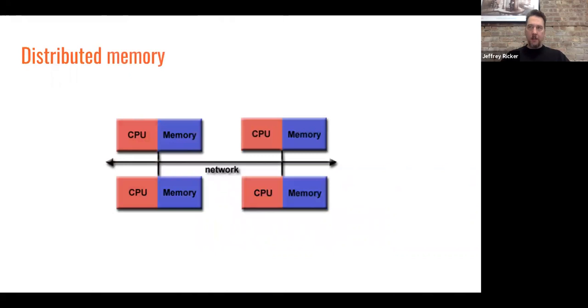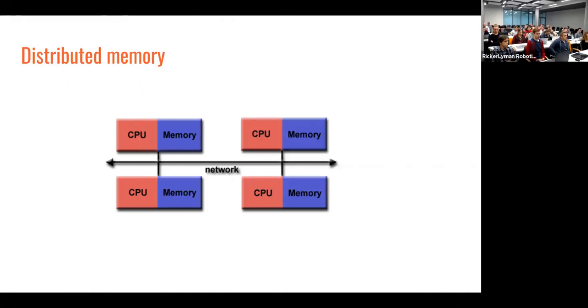But the one that you're going to actually use to scale is the distributed memory, which is that each CPU has its own memory and they're communicating across a network. Now, it may be that each one of those CPUs is actually a multi-core CPU, but it's fundamentally the same concept.